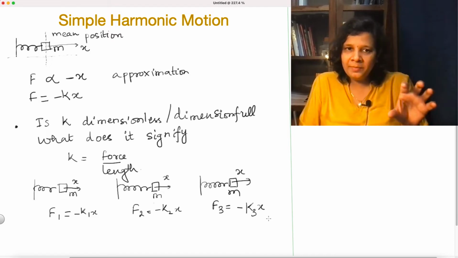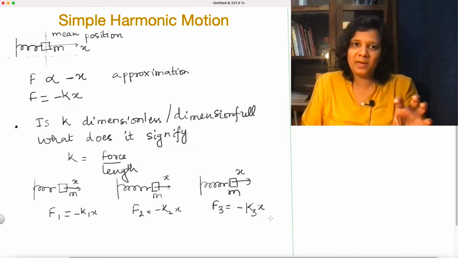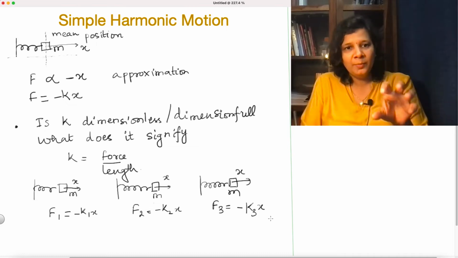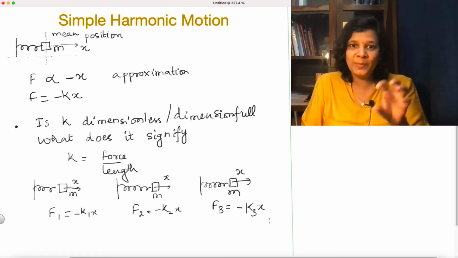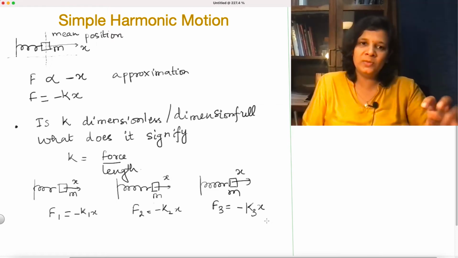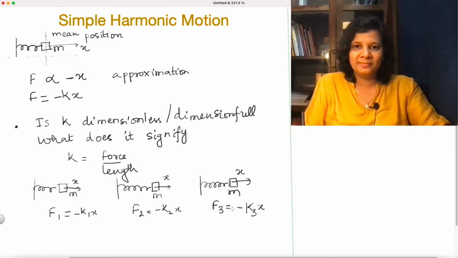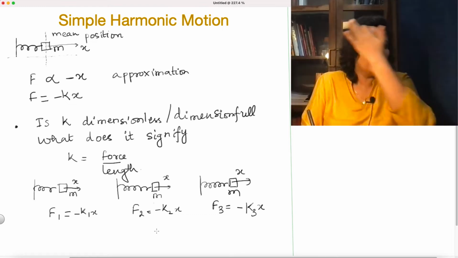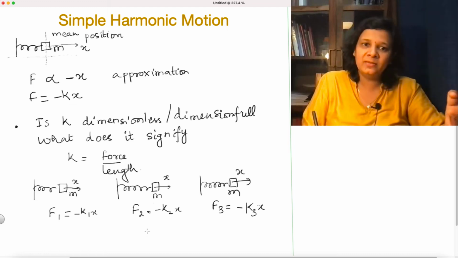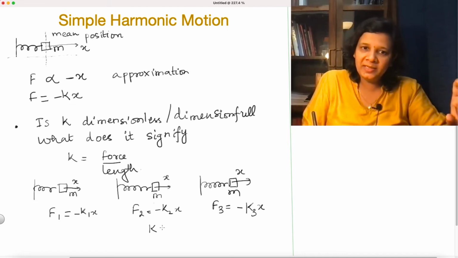So I am attaching the same mass with all the three springs and pulling it with the same displacement. Now this information that these springs are different is going where? It is contained in k. This gives us the information that these springs are different. That is why we call this k the spring constant.